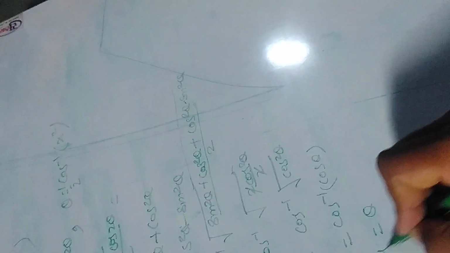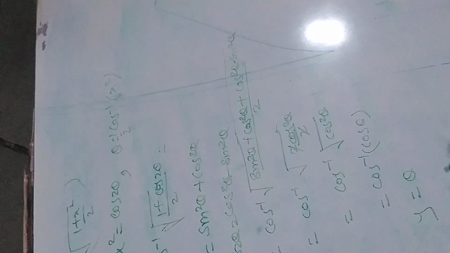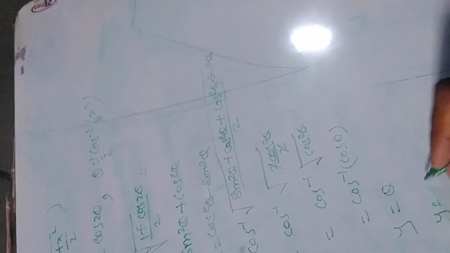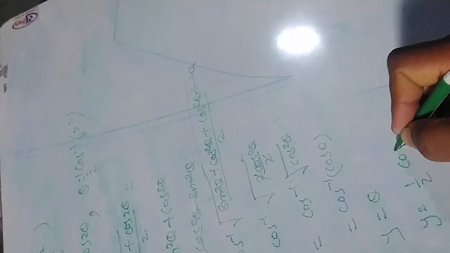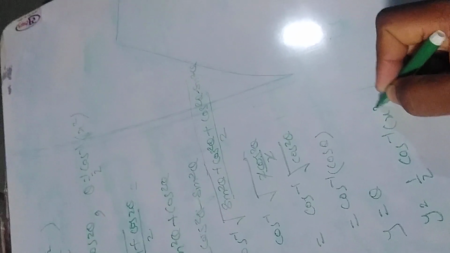So y is equal to theta, but theta's value we have already found out as 1 by 2 cos inverse of x square.